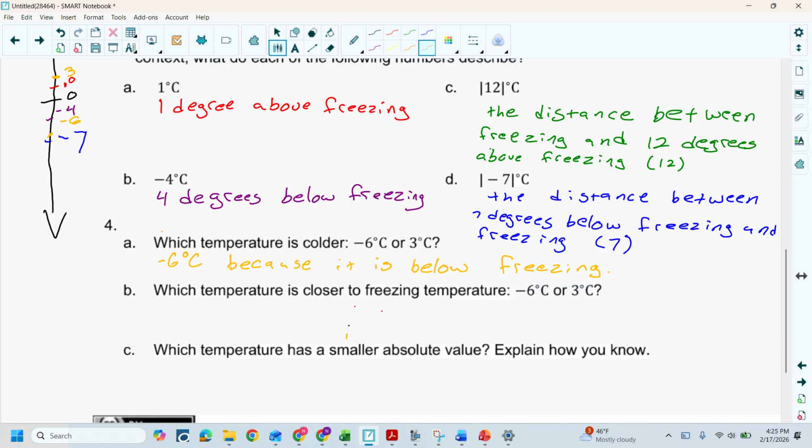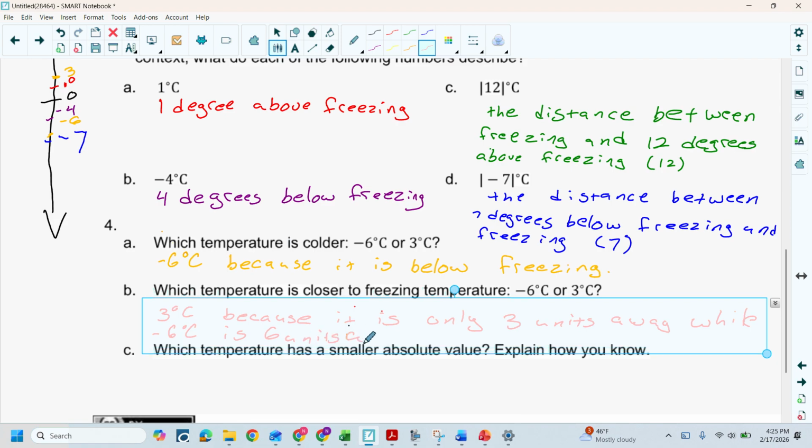Okay. Which temperature is closer to freezing? -6 or 3? All right. 3 degrees Celsius, because it is only 3 units away. -6 degrees Celsius is 6 units away.